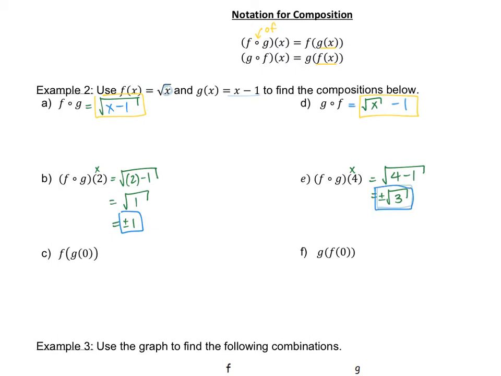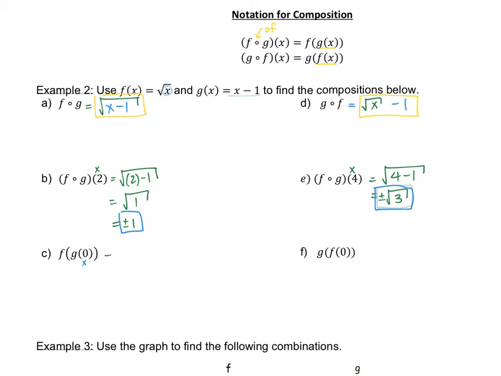There we go. For this one here, notice that this parenthesis notation is saying f of g, since g is inside of f. So this 0 here is representing our x value. Basically, take your f of g function, which is the square root of x minus 1, and plug in 0 for x.